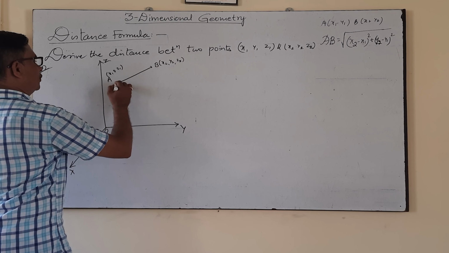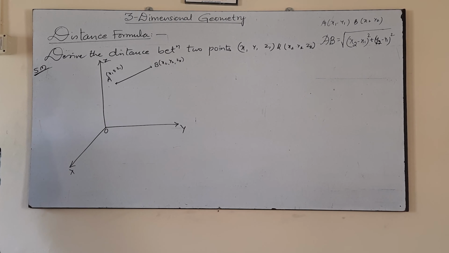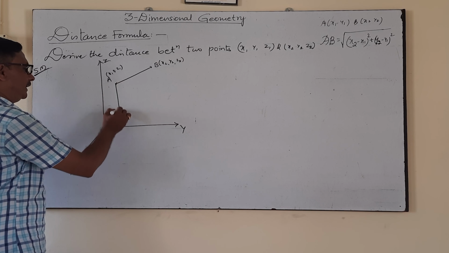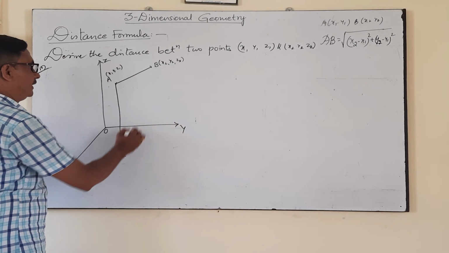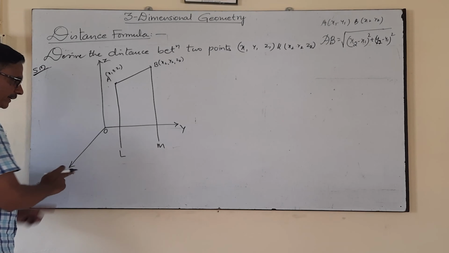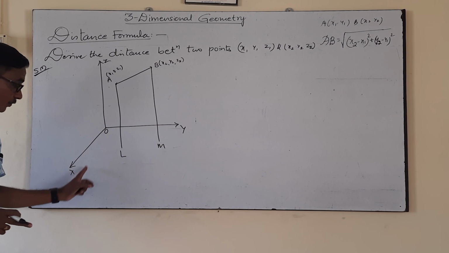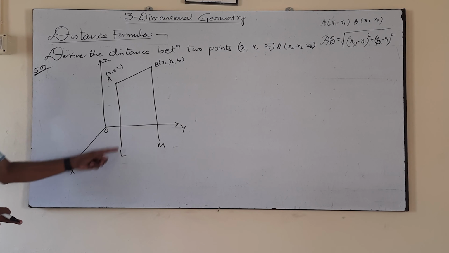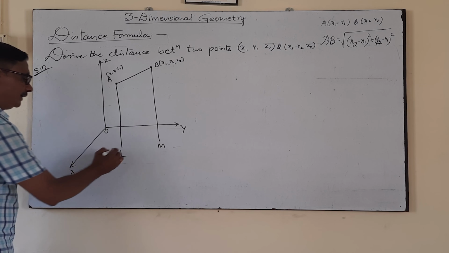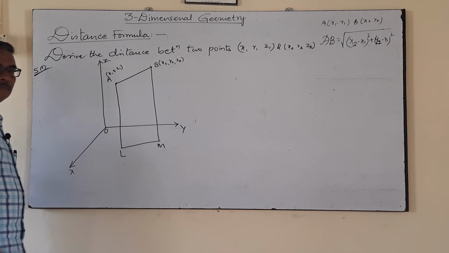Now the question is to find the distance AB geometrically. How to solve it? Construct: from the points A and B, draw AL and BM perpendicular to the XY plane, and join LM.